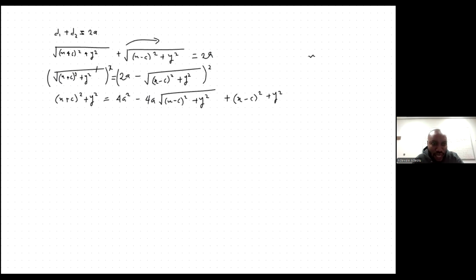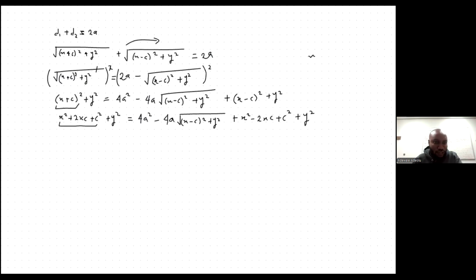If I expand the left side, I will have x squared plus 2xc plus c squared plus y squared. So that equals 4a squared minus 4a times the square root of x minus c all squared plus y squared, then I can also expand this: x squared minus 2xc plus c squared plus y squared.